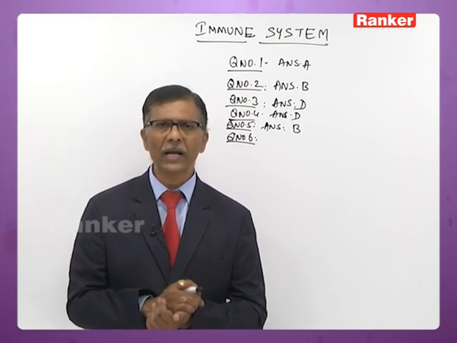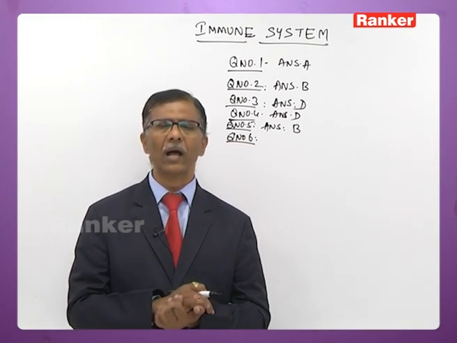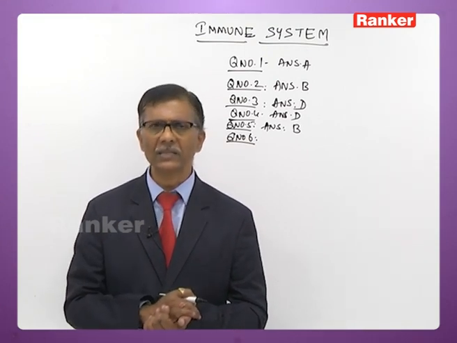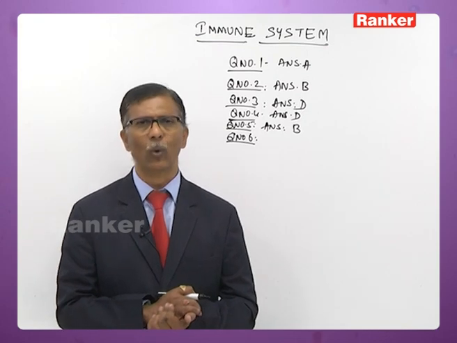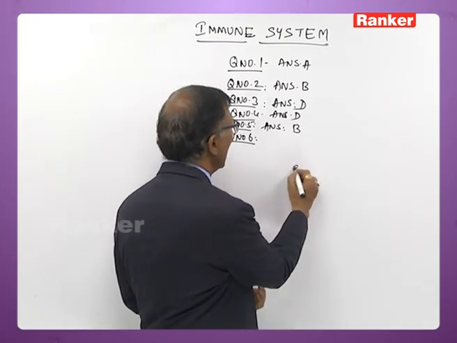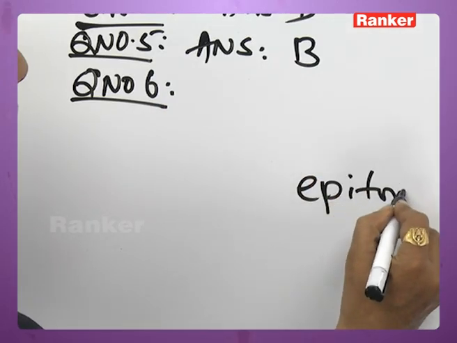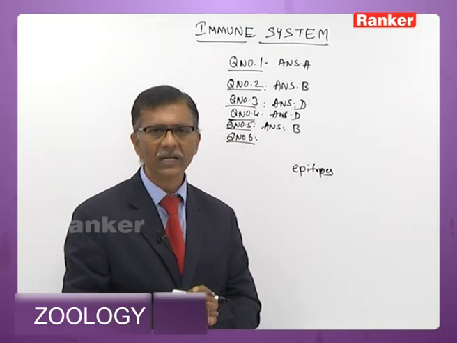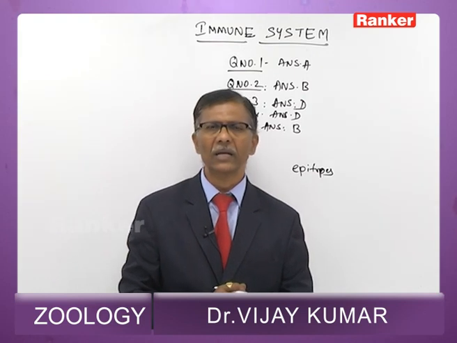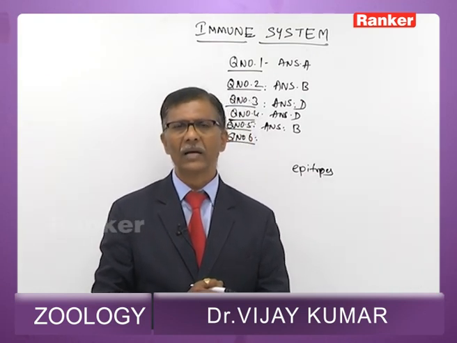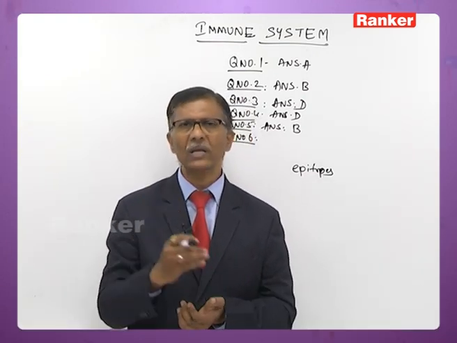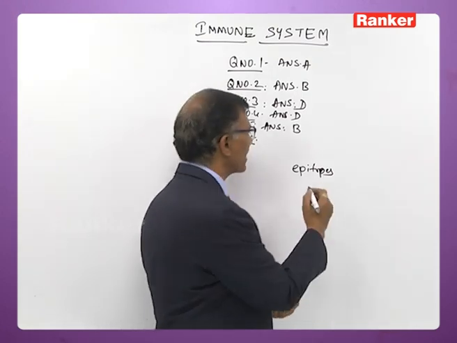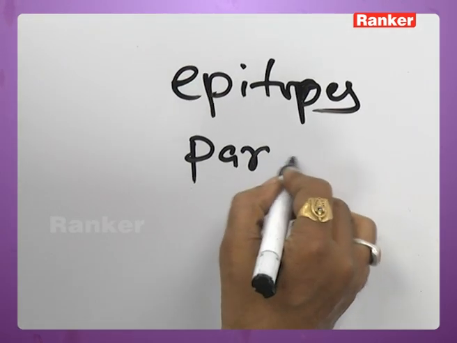Those sites present on the antigen are called antigenic determinants, or epitopes. These epitopes are easily recognized by the antibodies, and in response to the epitopes, antibodies have structures called paratopes.